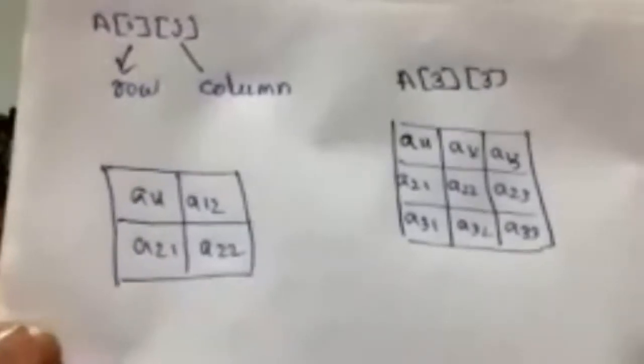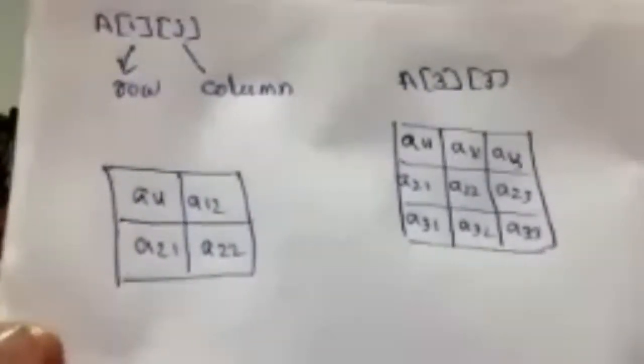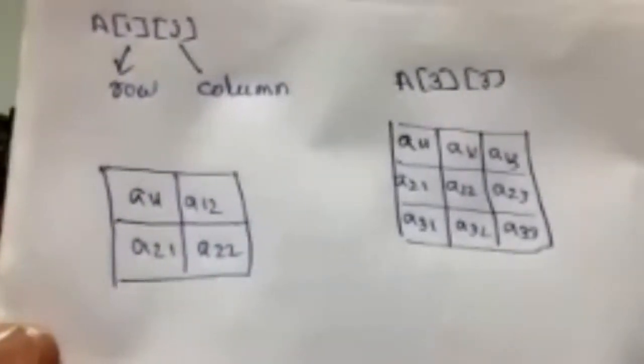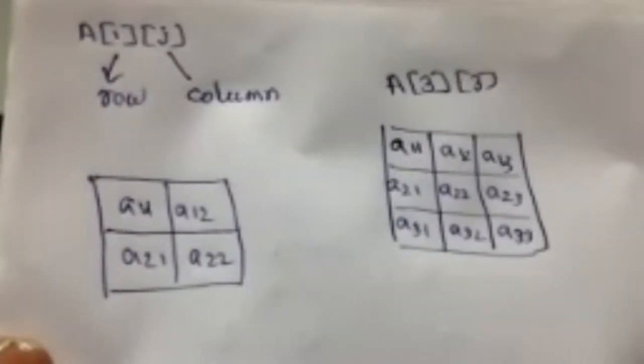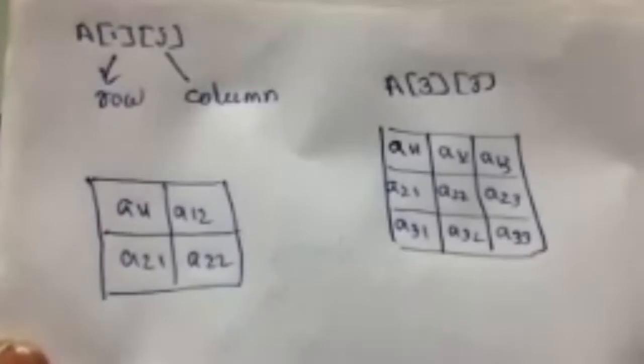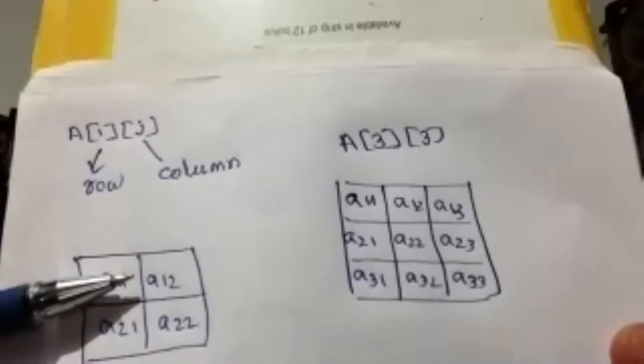In single dimensional, it's clear: for I equal to 1, I less than 5, I plus plus. But in this case, how to generate the addresses? You see, I starts from 1 and the maximum is 2.